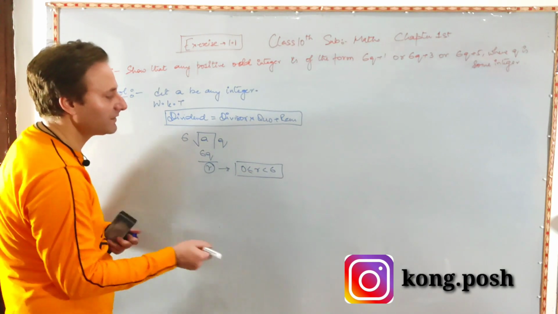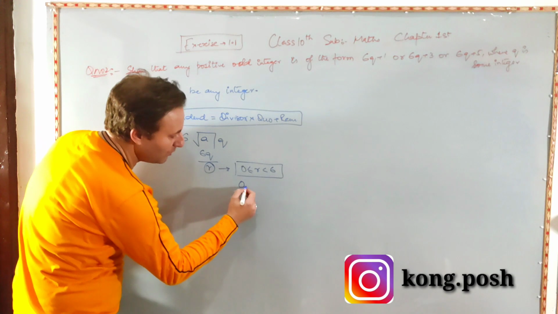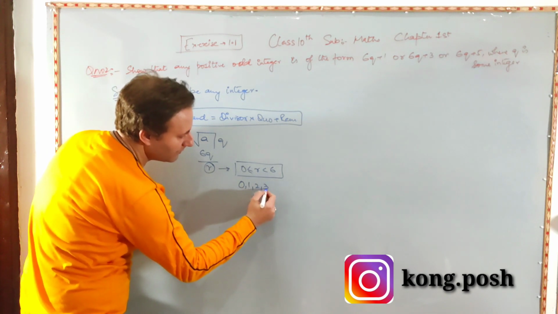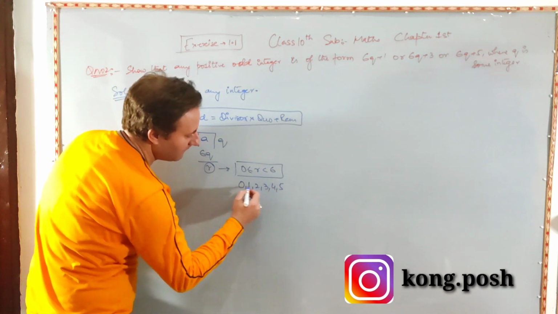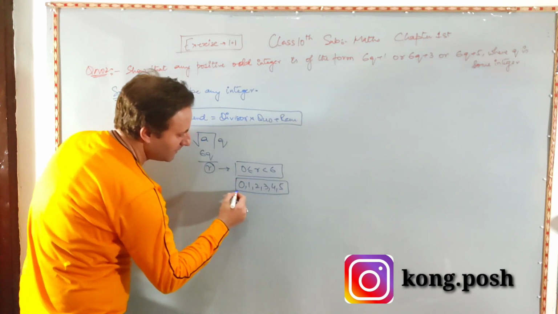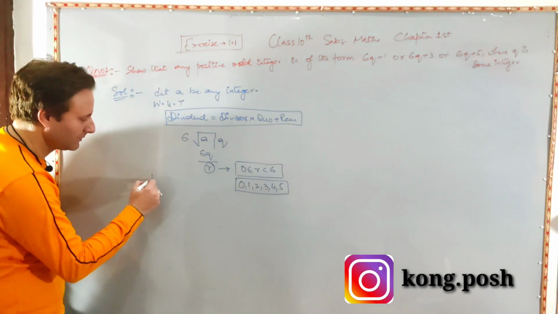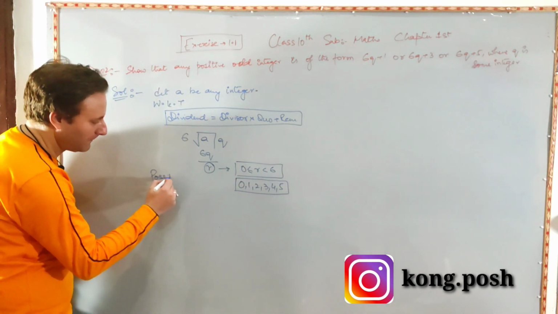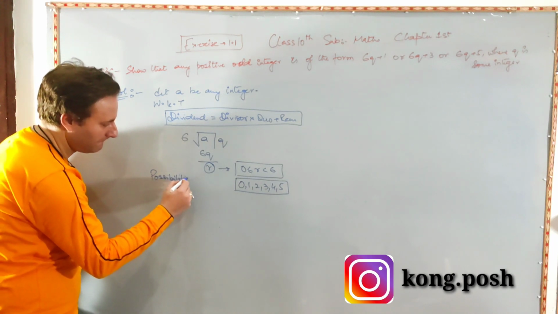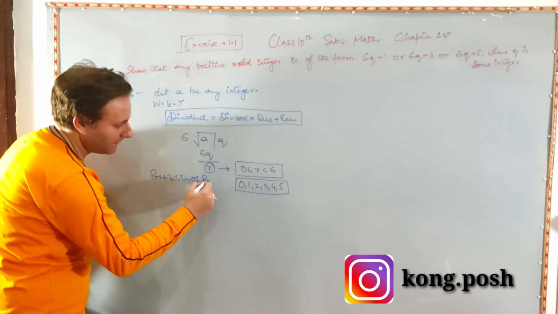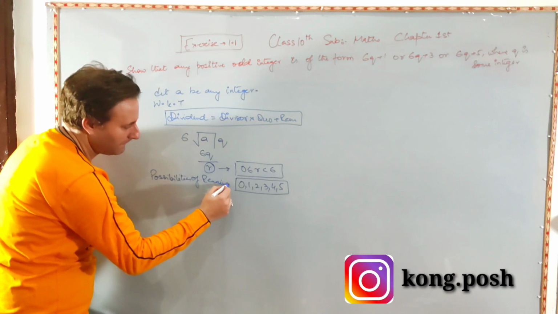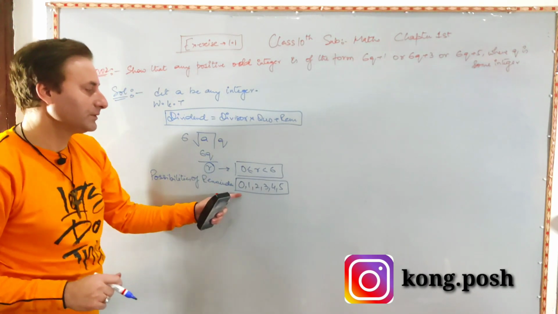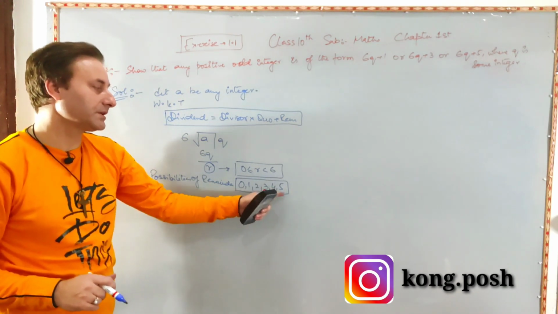So the remainder can be either 0, 1, 2, 3, 4, and 5. These are the possibilities of remainder, right? So now the possibilities are from 0 till 5.